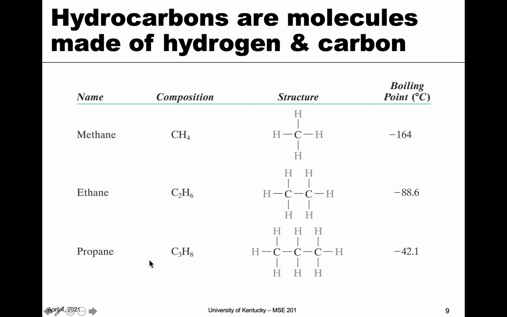And then we go to propane, which we're continuing to add carbons. So we have basically a single carbon, a double carbon, and a triple carbon, and you're starting to see the forming of a chain, right? So this has 3 carbons, and then the rest is filled out by hydrogens, and you can see the boiling point goes up again.